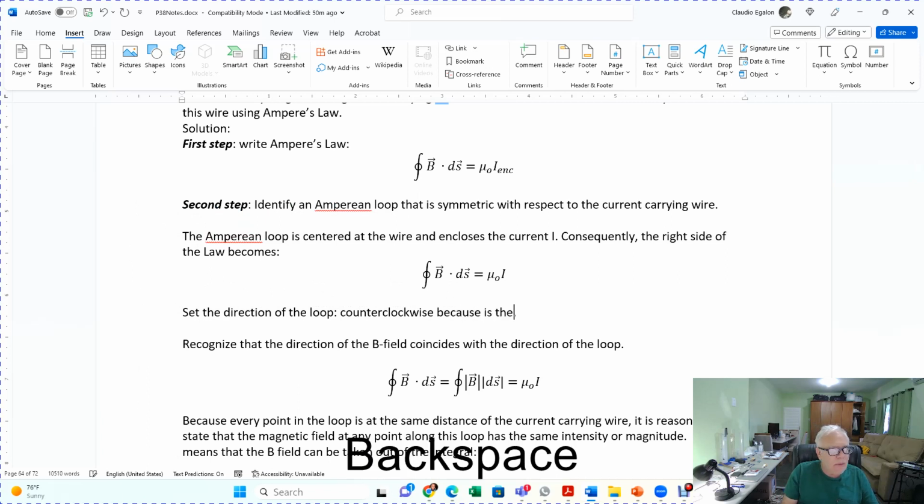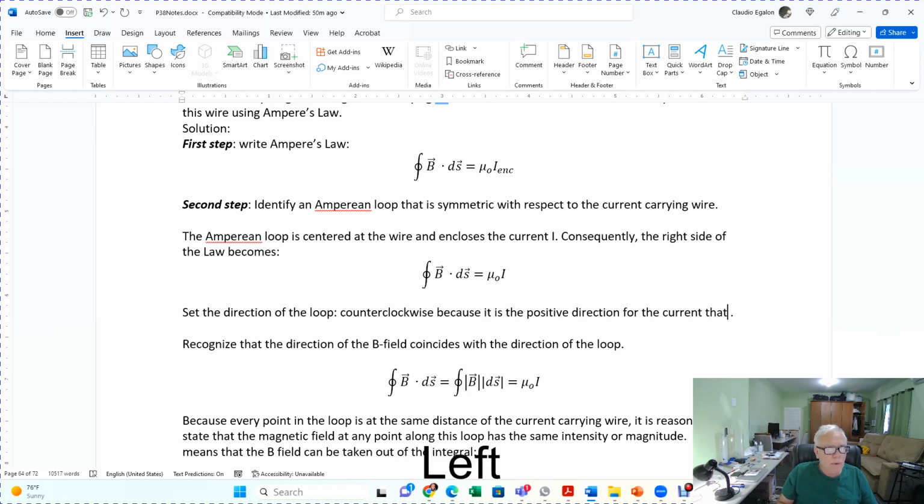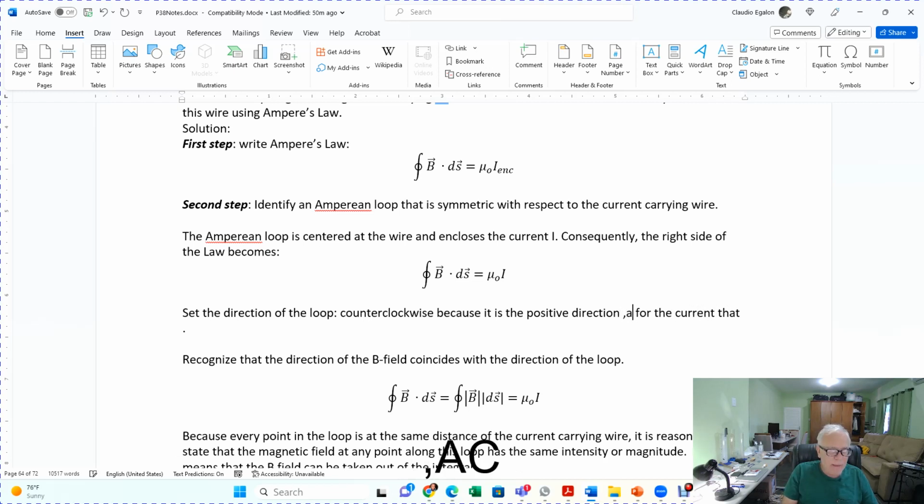because it is the positive direction for the current, according to the right hand rule, for the current that is pointing away from the plane of the figure.